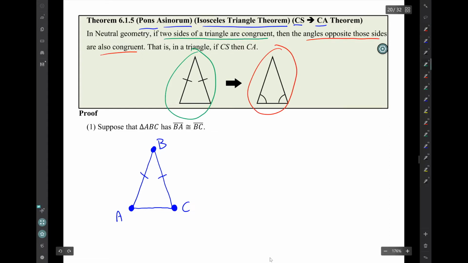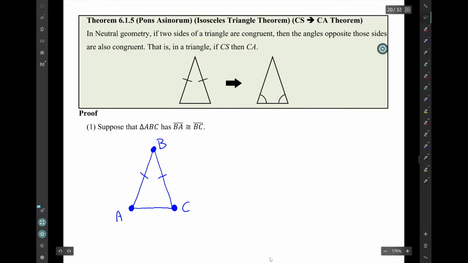So in my naming of the theorem, the CS is the hypothesis, that is, two sides of a triangle are congruent, and the CA is the conclusion, the angles opposite those sides are congruent. Notice the naming convention. The theorem is called the Isosceles Triangle Theorem. That name refers to the situation described in the hypothesis.